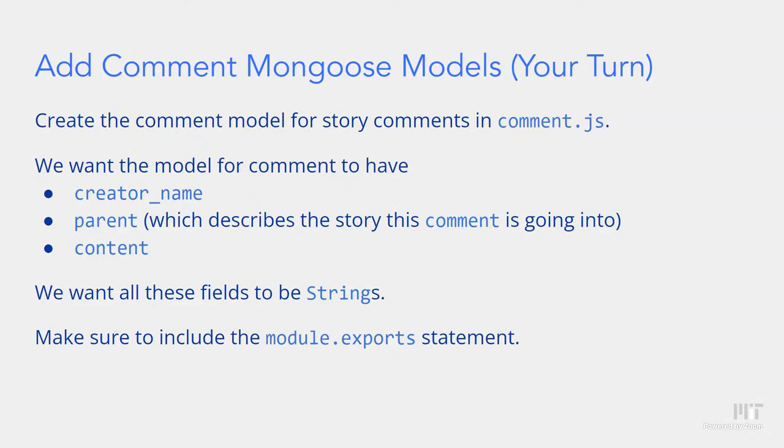We want all of these fields to be strings. And make sure to use the module export statement at the end to export your model so that you can use it in your actual API endpoints. Right? So I'll give you a few minutes to do that.